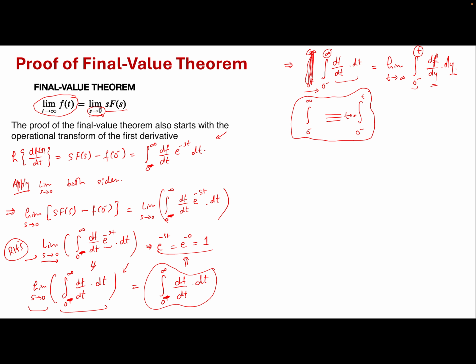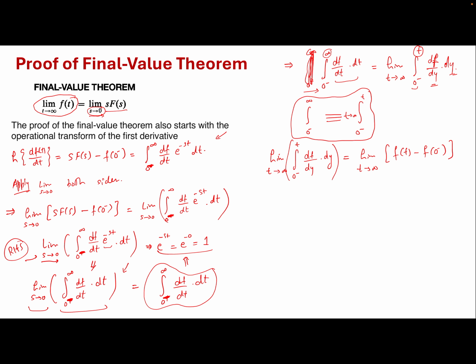But eventually, whatever function you're going to solve, you're going to get back time t. So you are left with this function now, limit t approaches infinity, integral from 0 negative to t of df over dy times dy. As you can see, if you solve for this integral, it comes out to be f of t minus f of 0 negative. Nice.